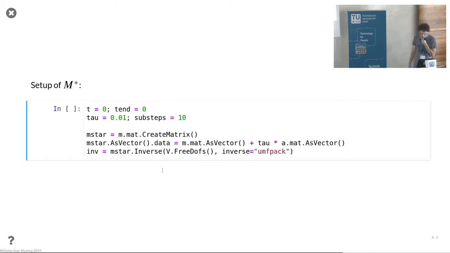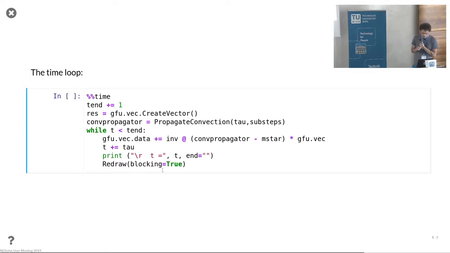Okay, so putting this together, we set up the M-star matrix for the unsteady Stokes part of the problem, and the overall time loop takes this form. So we have the convection operator; this was the base matrix for which we defined the operator application. We set a number of sub-steps that was defined before, I think 10 or something like this.